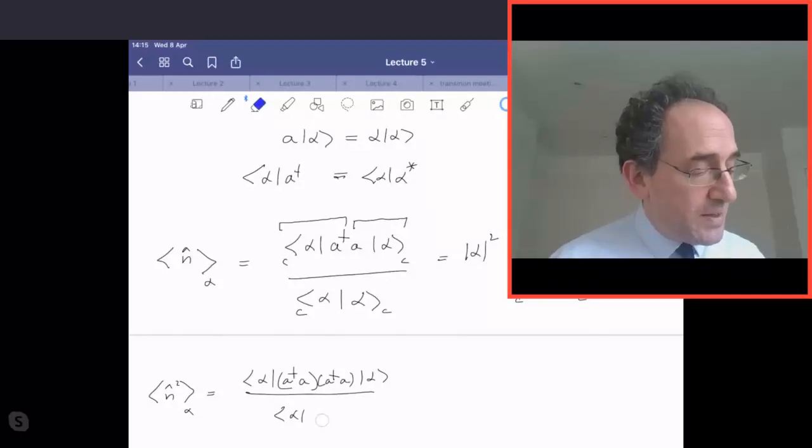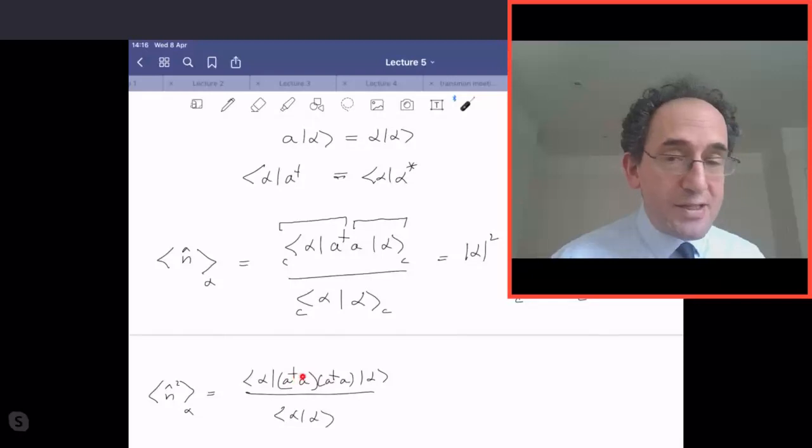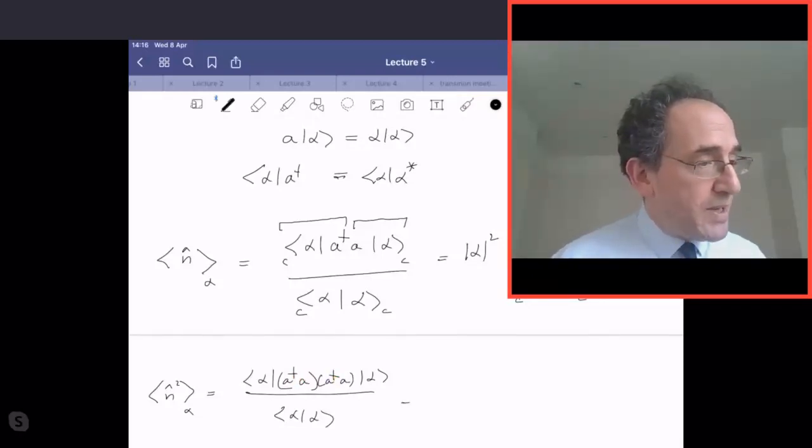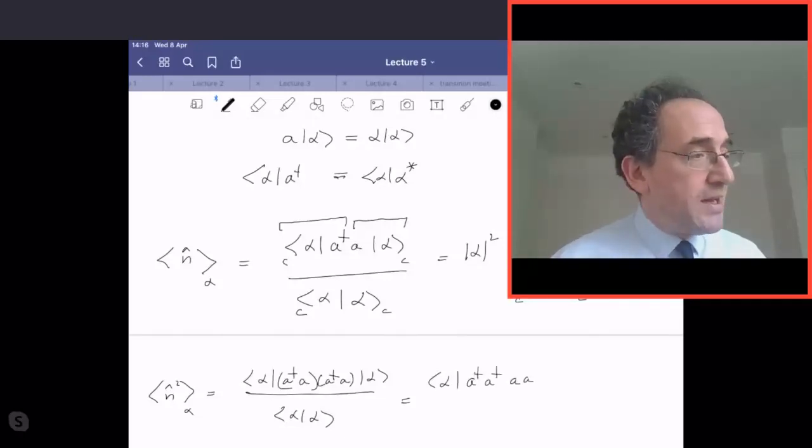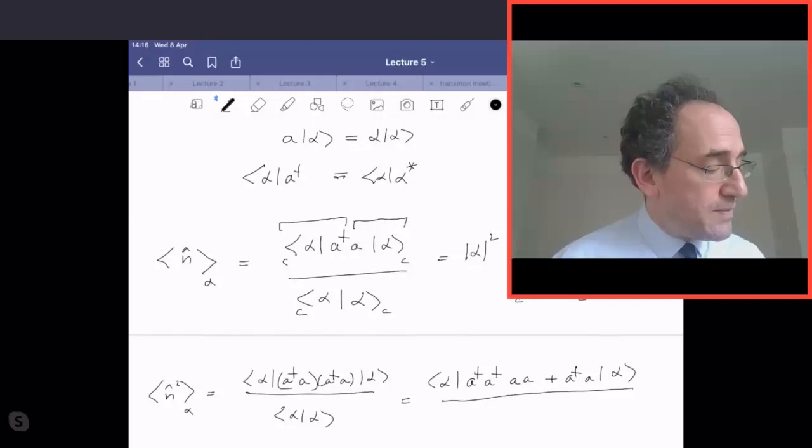Now here I need to commute the A daggers to the left and the A's to the right. So this will then be alpha, and then we have A dagger A dagger A A plus A dagger A, just using commutation relations of the raising operators, alpha, alpha.